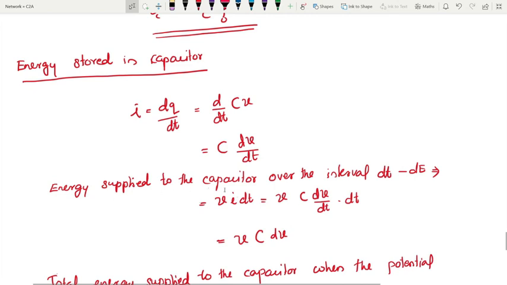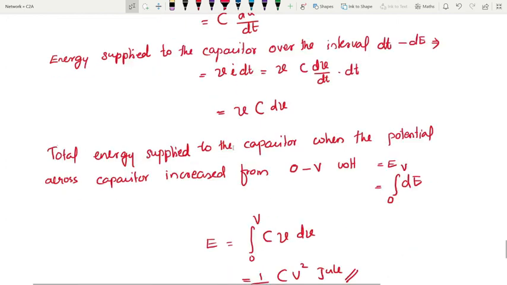Instead of I, we can use this expression C dV by dt. Now dE is V into C dV by dt into dt. dt and dt get cancelled. dE is obtained as V C dV.